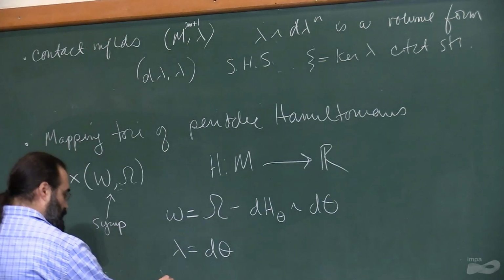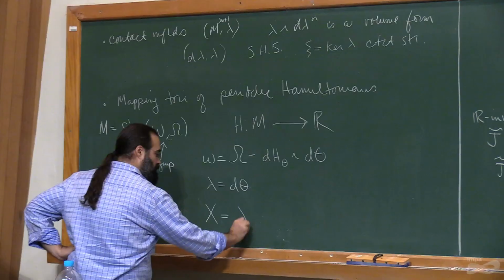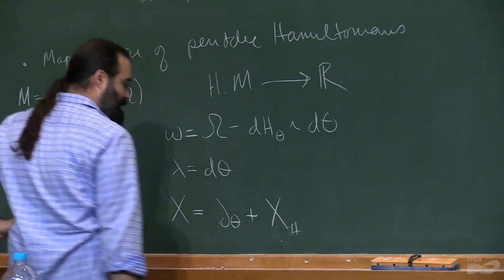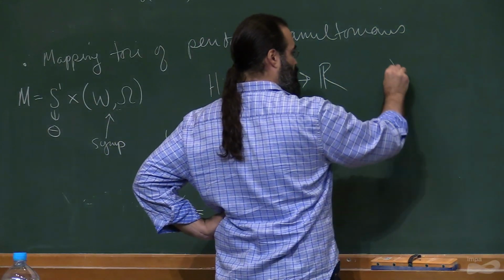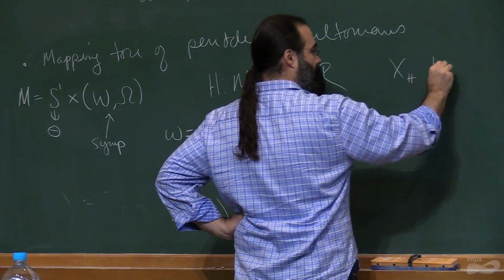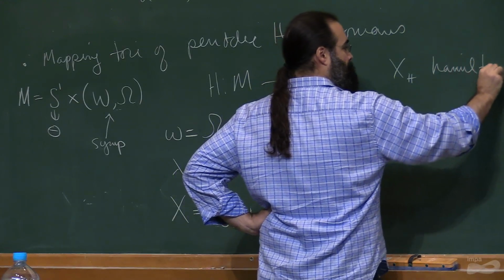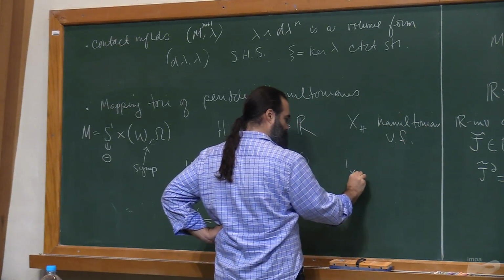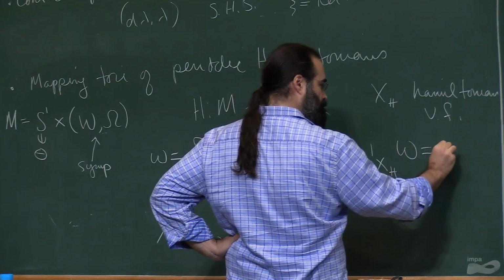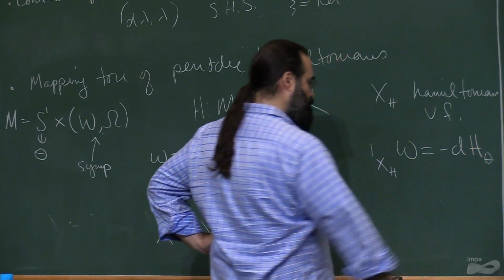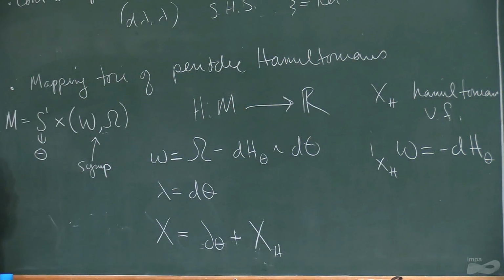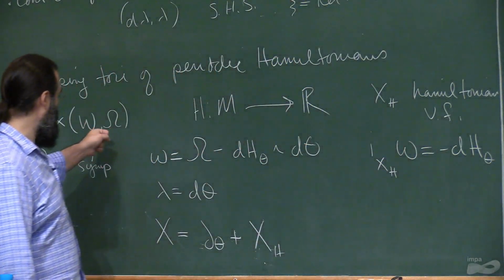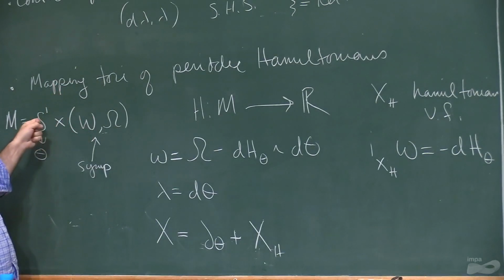The Reeb vector field, X, is d theta plus xh, where xh is the Hamiltonian vector field, defined by the contraction with omega being minus dh, where this d here is referring to just the derivative in the W component and not the S1.